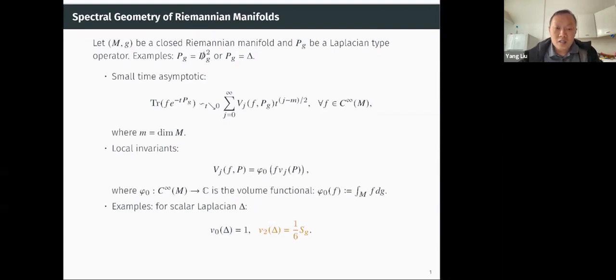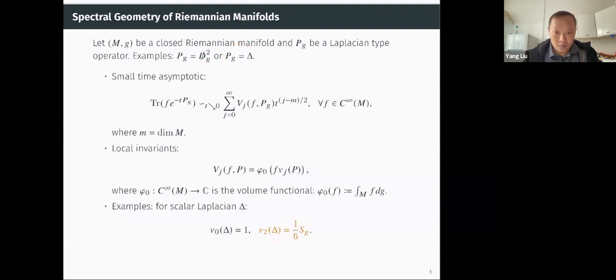The spirit is this: after dualizing the manifolds to an algebra, which is the functions on the manifolds, the way we implement or get at the so-called Riemannian metric is through a geometric operator, a Dirac type operator, or the Laplacian type operator.